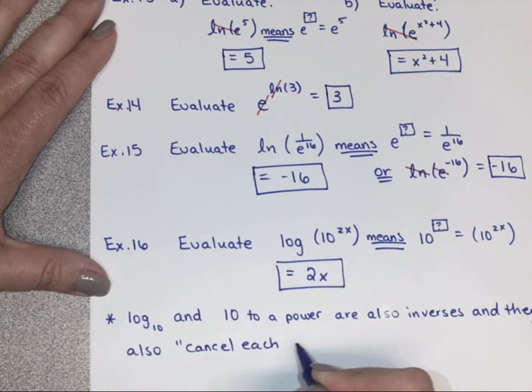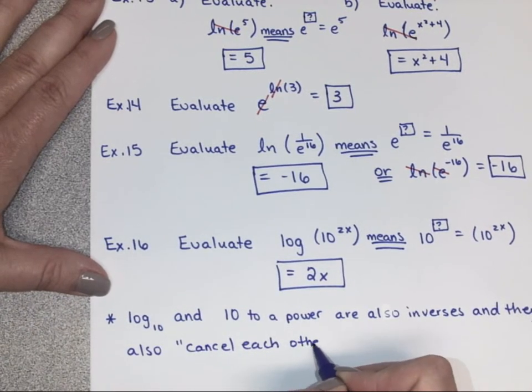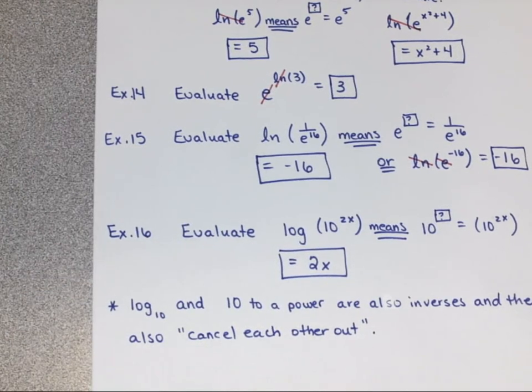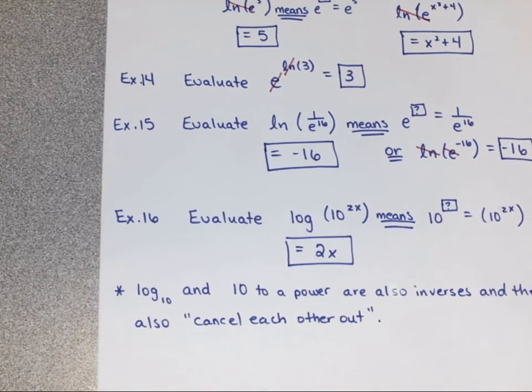Just like ln and e are opposites, log and 10 to a power are also opposites.